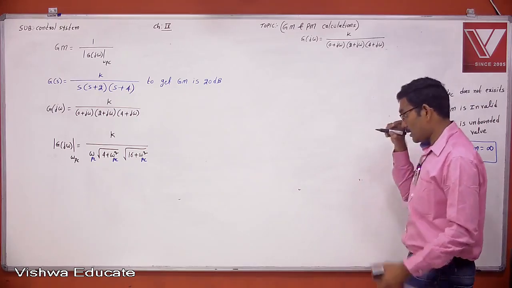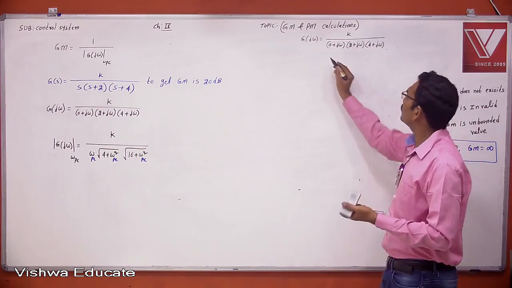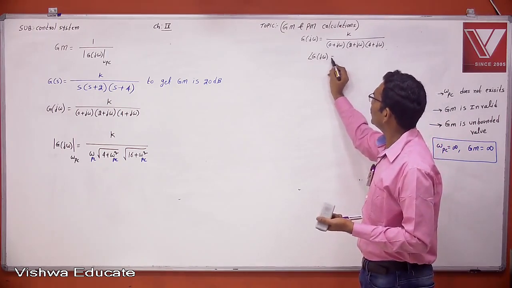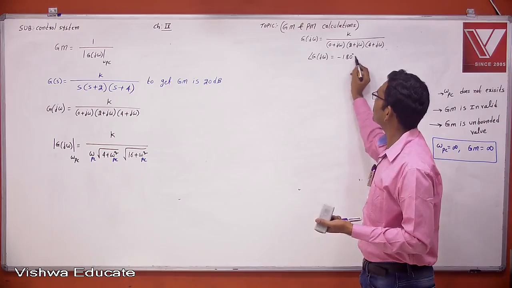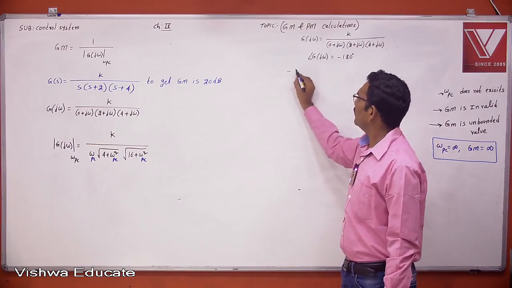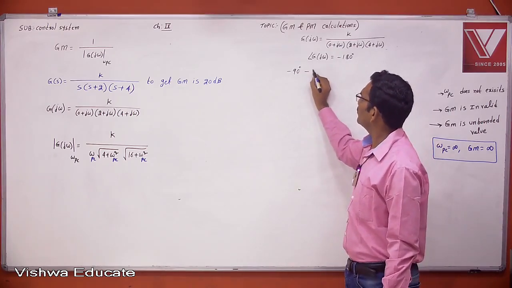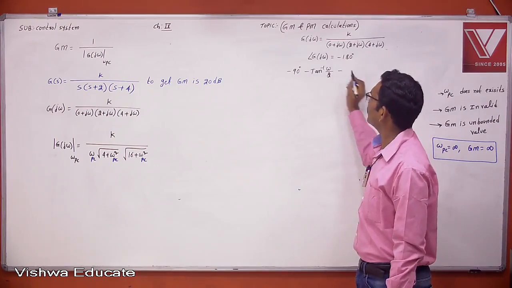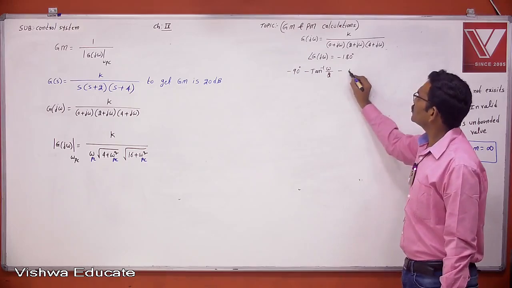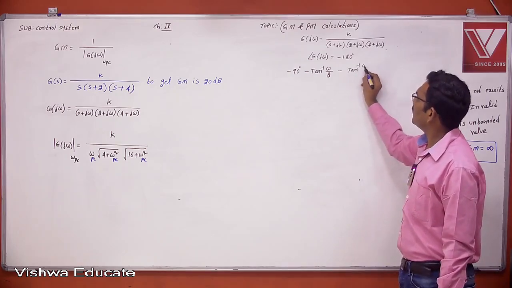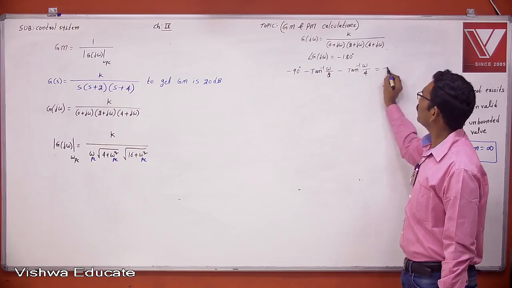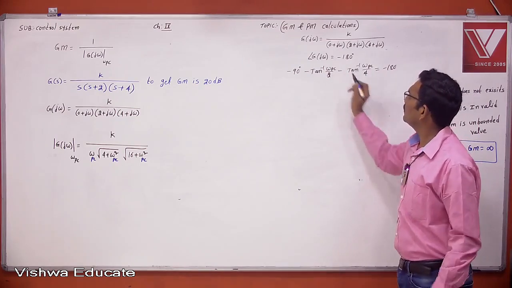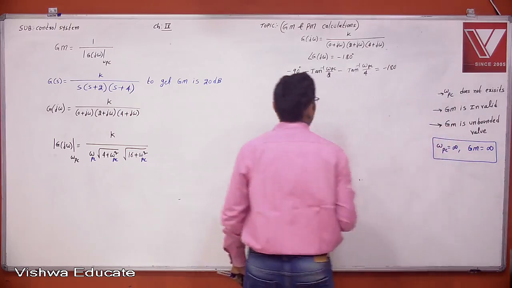Angle of G of j omega is minus 90 degrees minus tan inverse of imaginary part by real part, for each term, which is equal to minus 180 degrees. Then this particular frequency is called the phase crossover frequency.